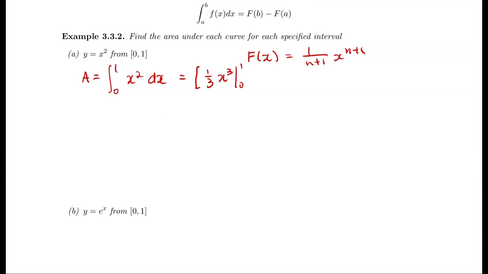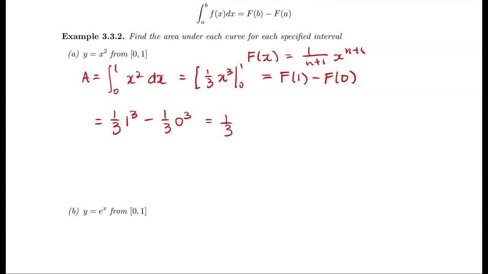All right. So that means we're evaluating this antiderivative at F(1) minus F(0). These two notations are pretty much the same. So we have 1 over 3 times 1 cubed, minus 1 over 3 times 0 cubed. So the area here would just be 1 over 3.